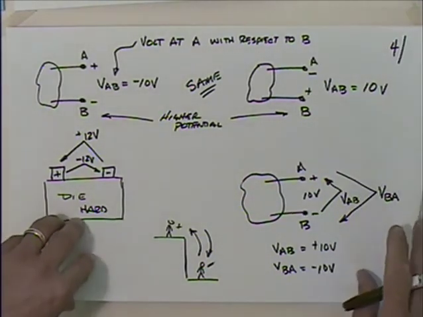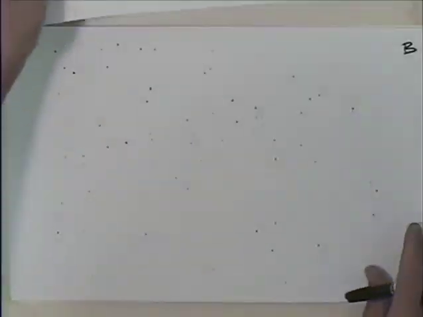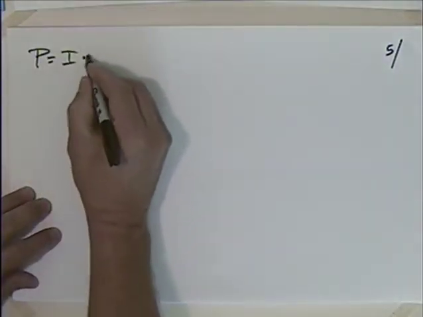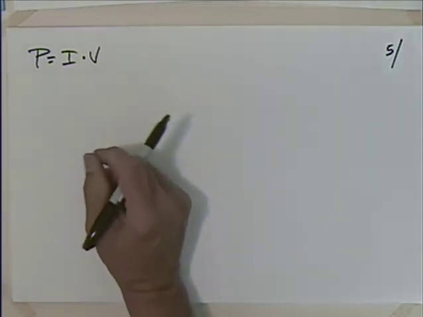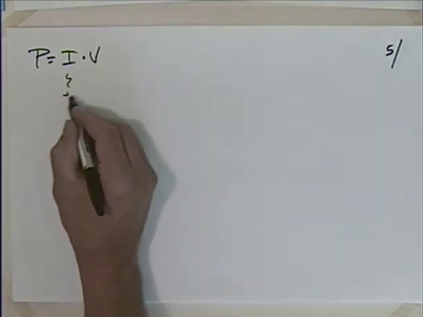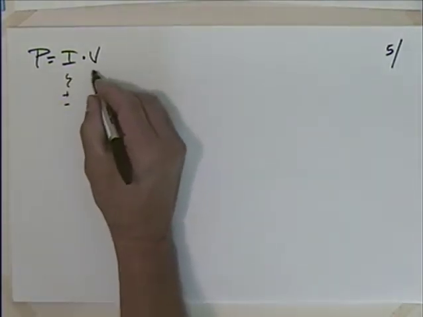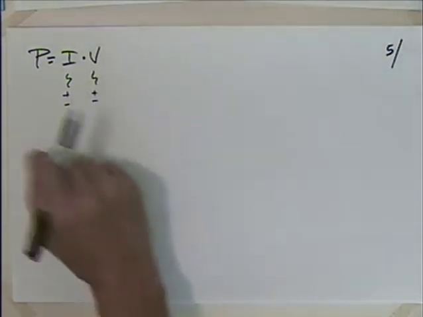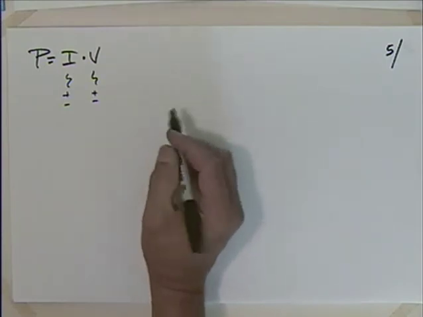Now going back and talking about power, we had that page 5. So power is equal to current times voltage, and we just found out current could be positive or negative, and voltage could be positive or negative. So the possibility for power to be positive or negative.